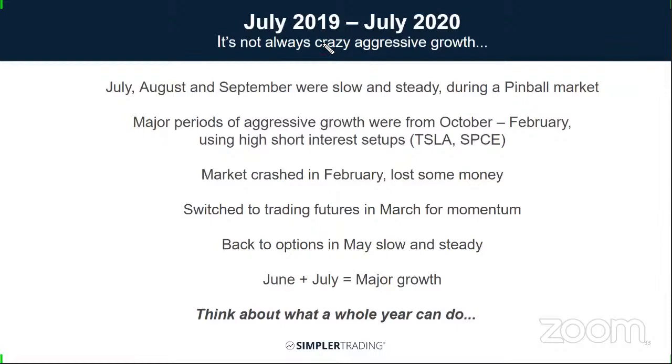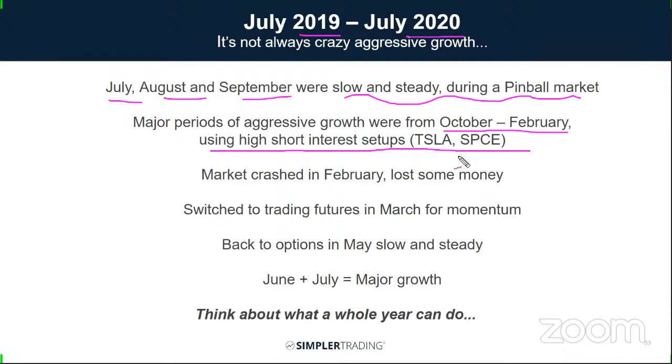If you look at last year, July 2019 to July 2020, July, August, and September of 2019 were slow and steady pinball market times. Then I had a period of major aggressive growth from October to February. And a lot of that included a lot of high short interest setups, also known as the short squeeze, Tesla, space.